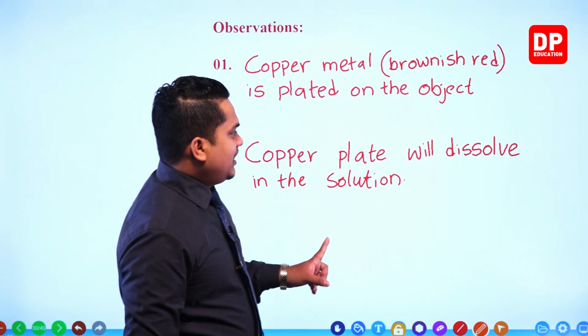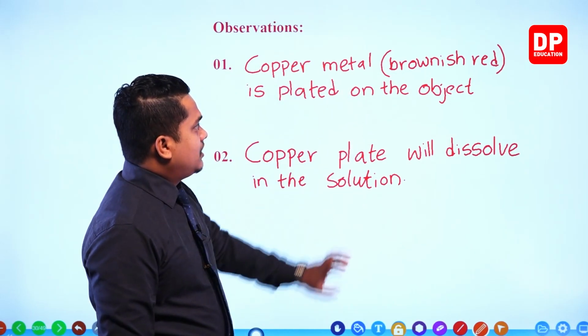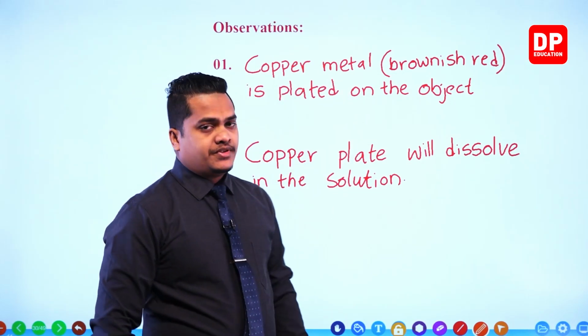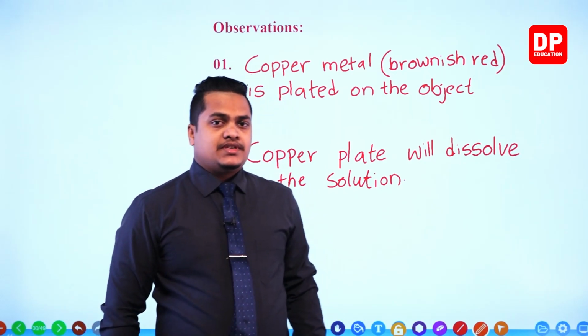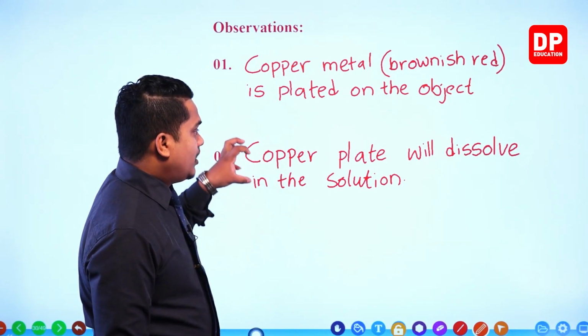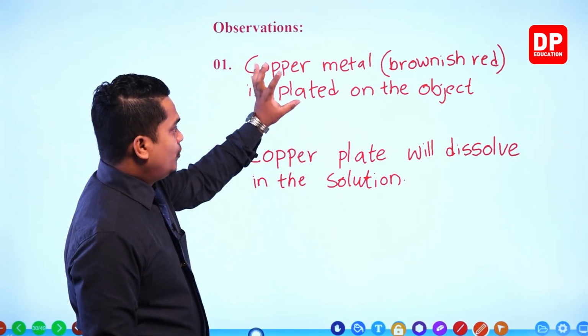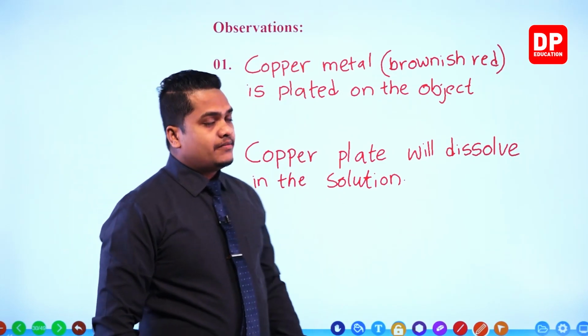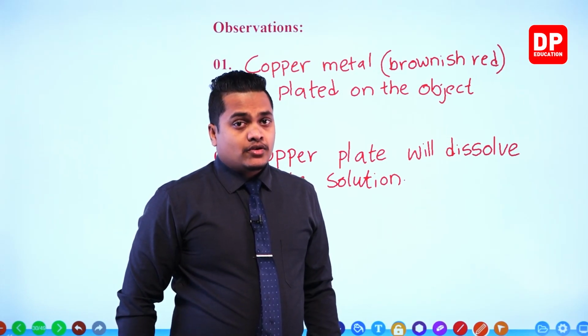So copper plate will dissolve in the solution and copper metal is plated on the object. So these are our observations. So this is the process of electroplating, my dear children. Here we dissolve the copper plate which is at the positive terminal and we plate that copper on the negative terminal. So this is the process of electroplating.